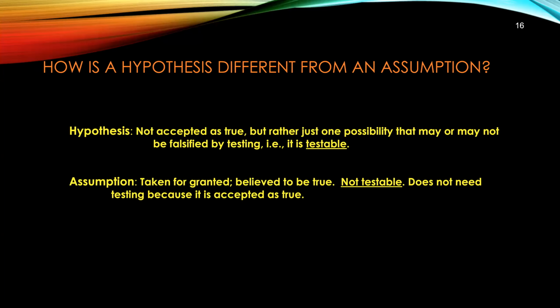An assumption is taken for granted. It's believed to be true based on no evidence. It's not testable. It doesn't need to be tested because it's accepted to be true from the outset. So we have a hypothesis, we have a theory, and we have an assumption. They're all different.